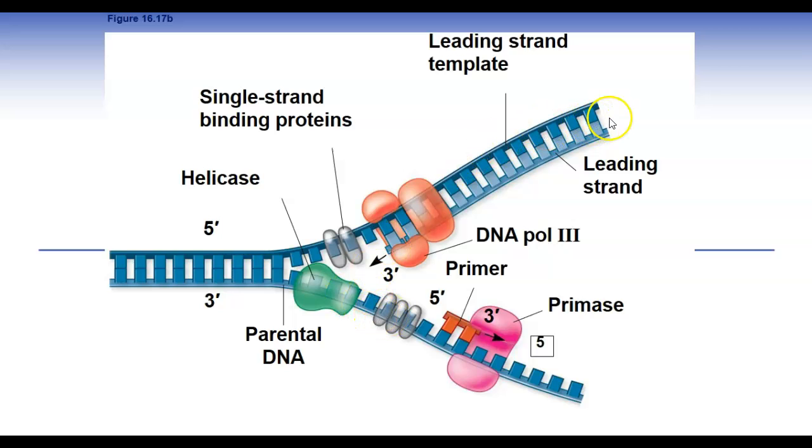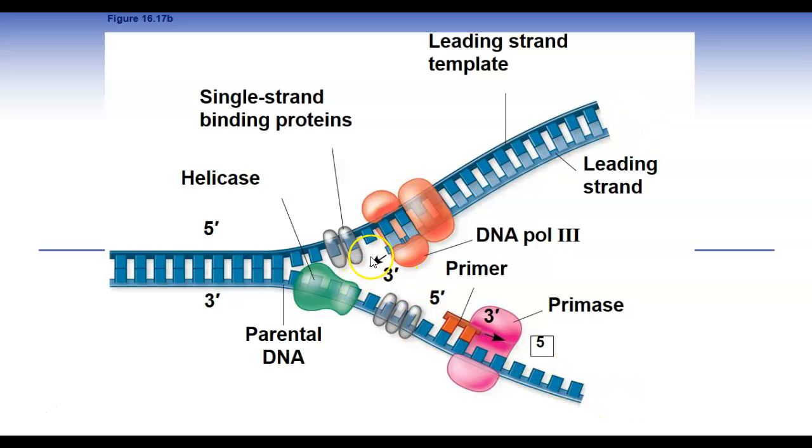We can also see here you have this leading strand where DNA polymerase is just constantly adding nucleotides to this free 3' end. And it is this property of DNA polymerase, which can only add nucleotides to the 3' end, which makes for a leading strand and a lagging strand.